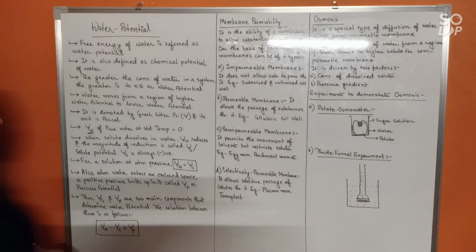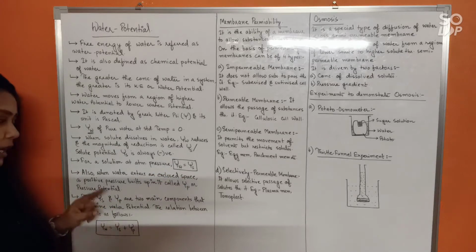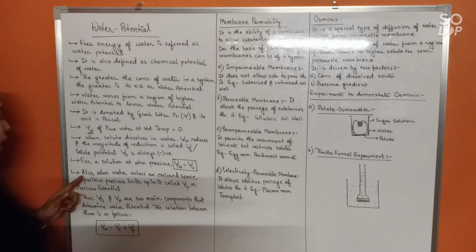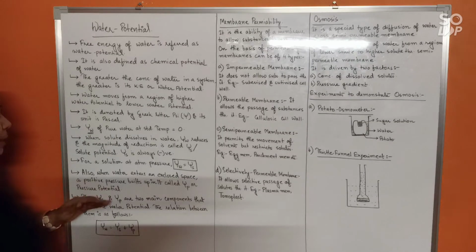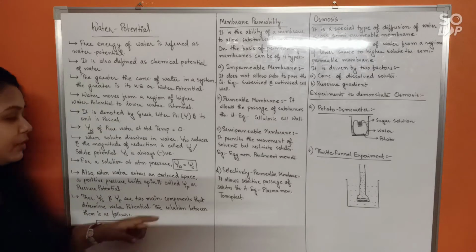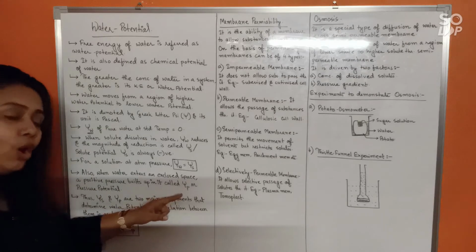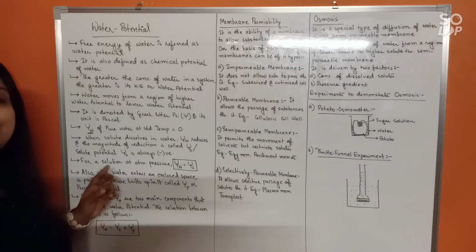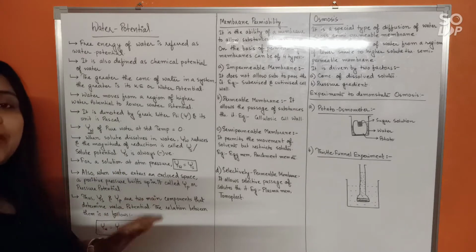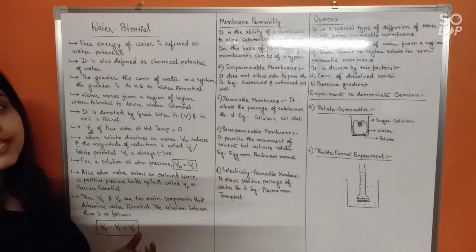Alright. Now, also another thing that comes into play whenever water potential is to be mentioned is called pressure potential. So see here, when water enters into an enclosed space, a positive pressure builds up in it and we refer to it as psi P or pressure potential. So basically it is psi S, solute potential, and psi P, pressure potential, that together affect the water potential at any given time.